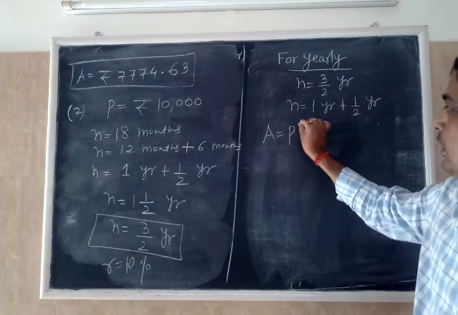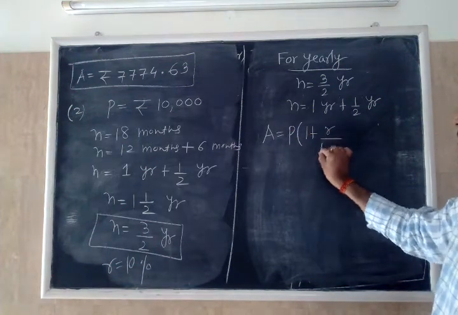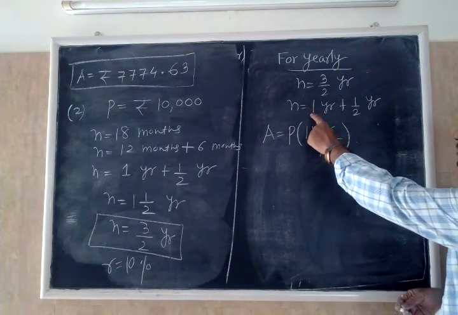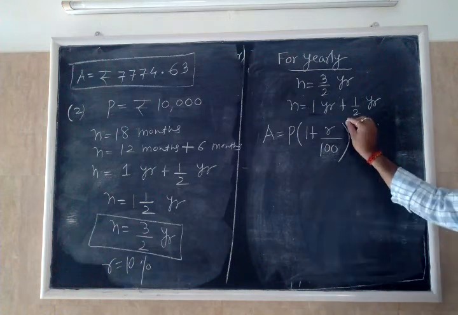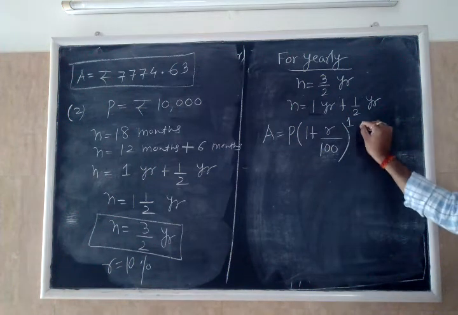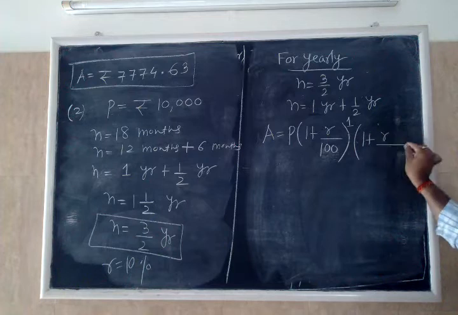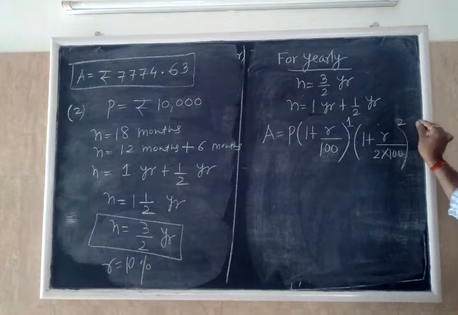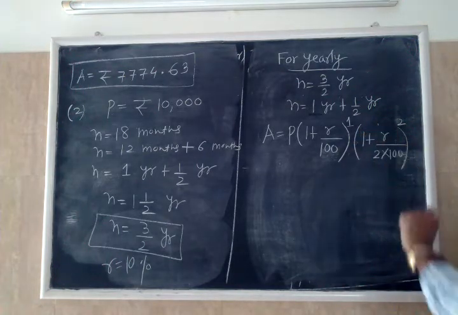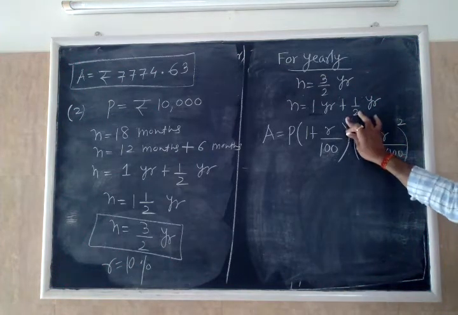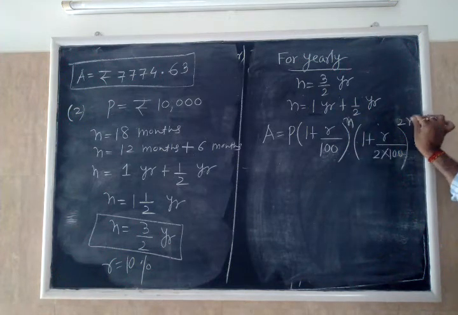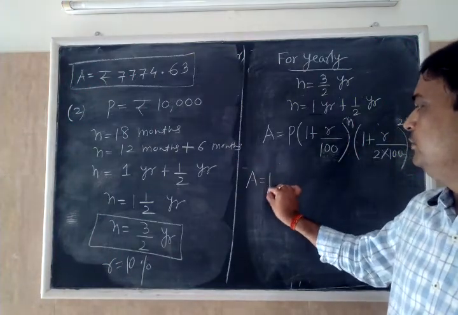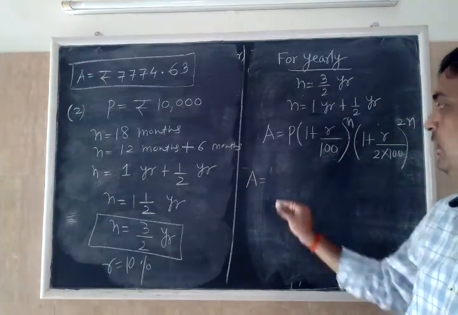P into 1 plus R upon 100 raised to N. First you will take N is equal to 1. Then it will be 1 plus R upon 2 into 100 raised to 2N. Let me write first. Now use the formula. A is equal to P into, P is 10,000.